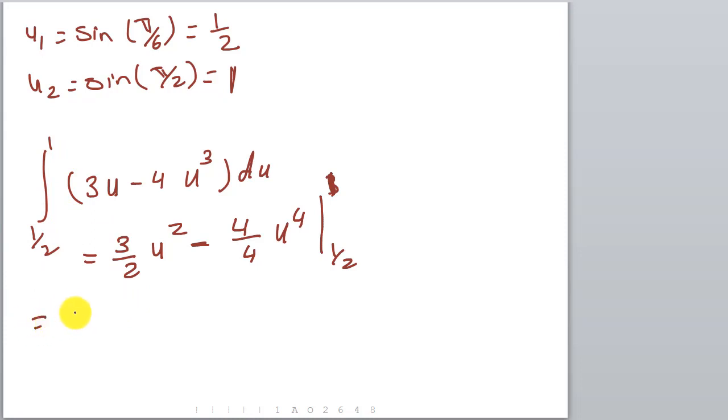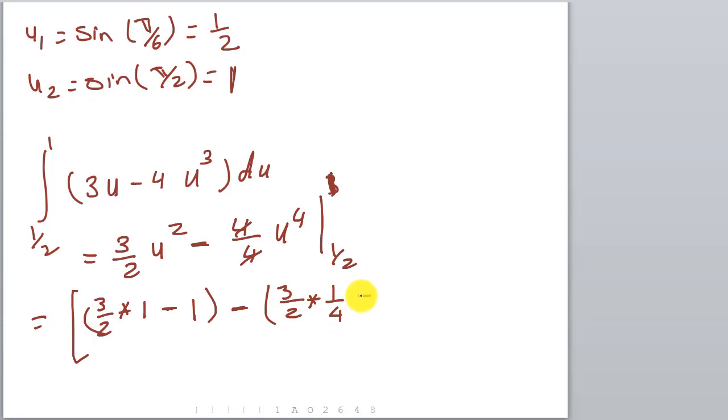So it's equal to 3 over 2 multiplied by 1 minus 1 minus, 3 over 2 multiplied by 1 over 4 minus 1 over 2 to the power 4.